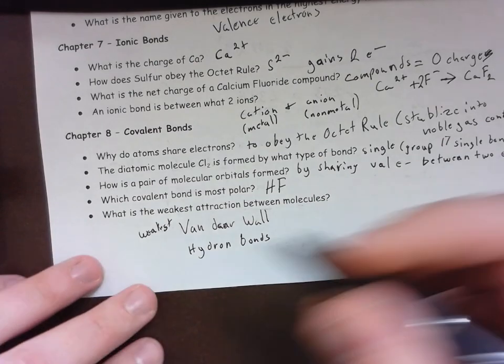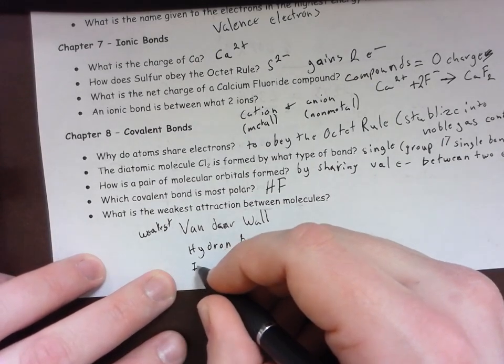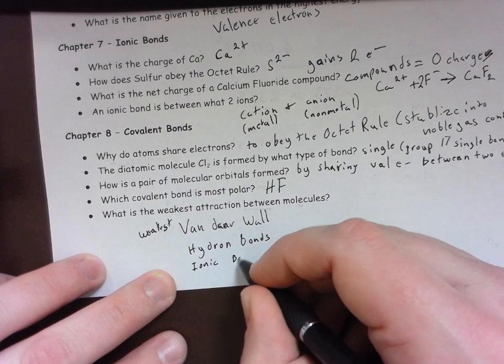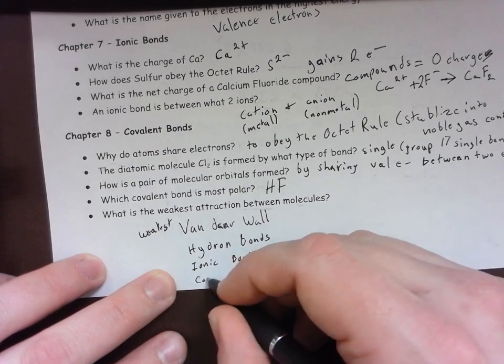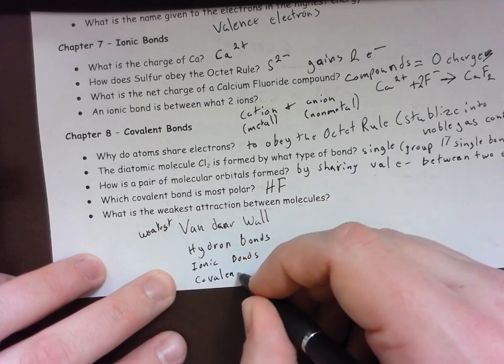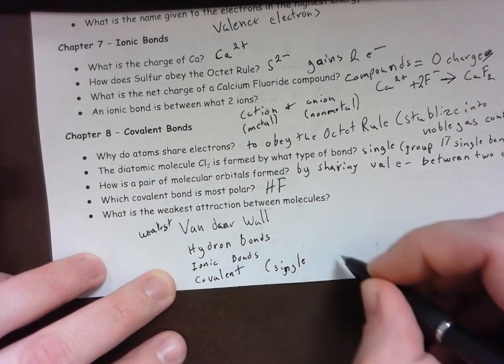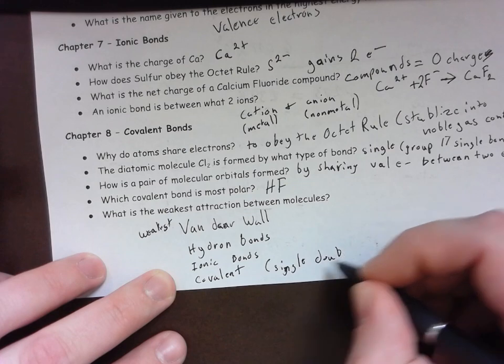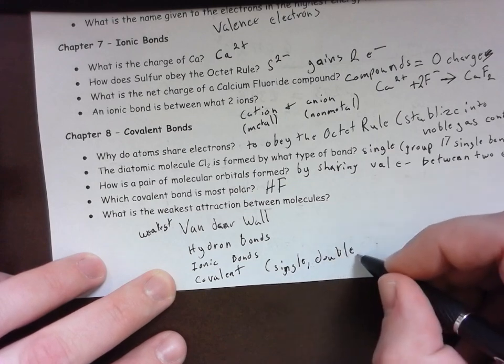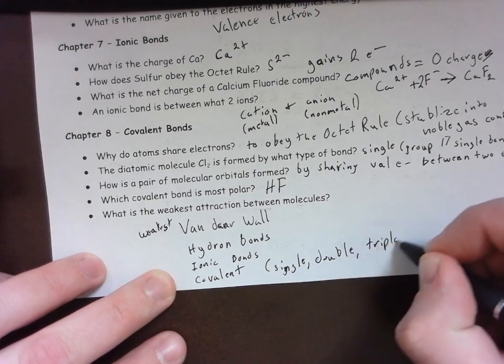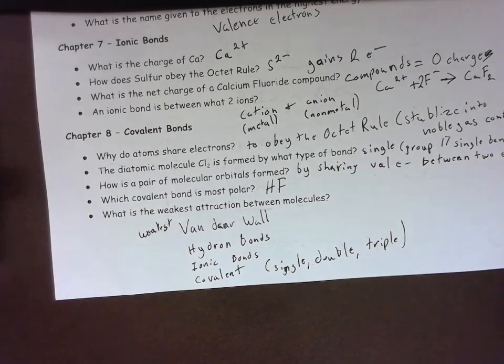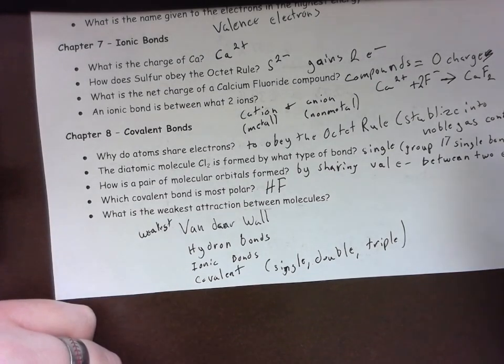Then your ionic bonds, then covalent, which goes single, double, triple. Very strong, because that's where your network solids come from, with double and triple bonds.